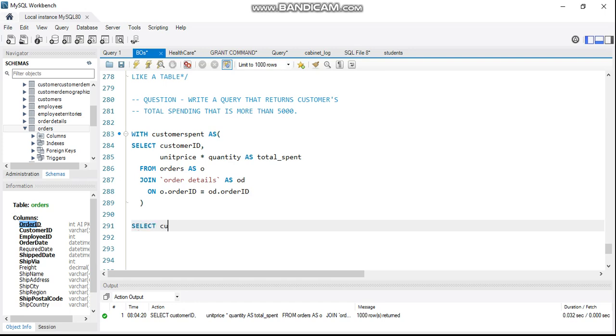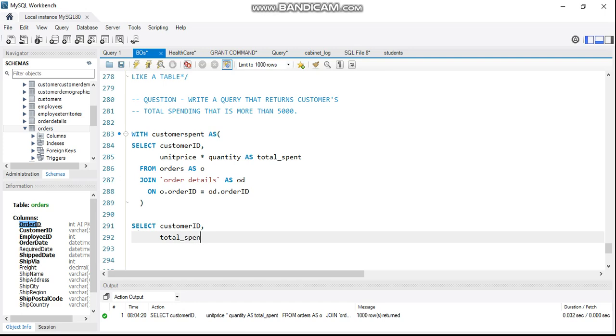Select customer ID, total spent. We're going to use total spent because we renamed it over there as total spent.